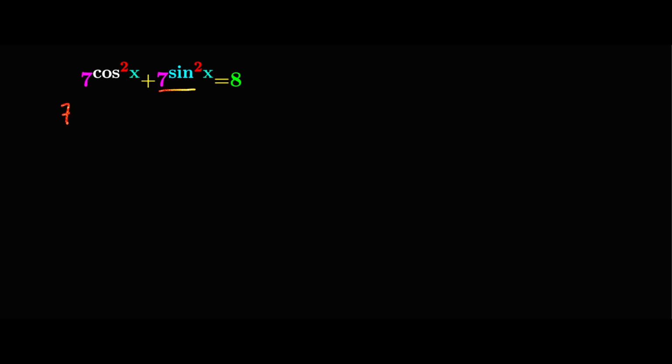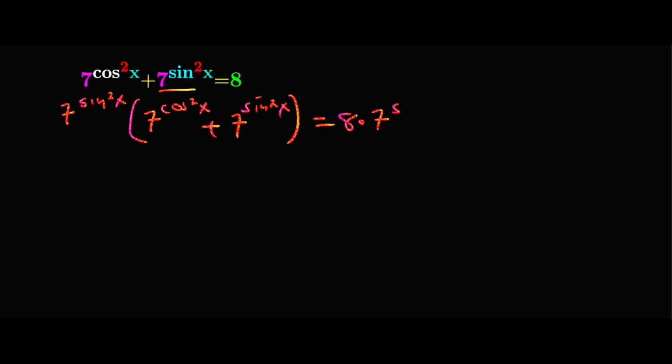So we have 7 raised to sine squared x into 7 raised to cos squared of x plus 7 raised to sine squared of x, that's equal to 8 times 7 raised to sine squared of x.